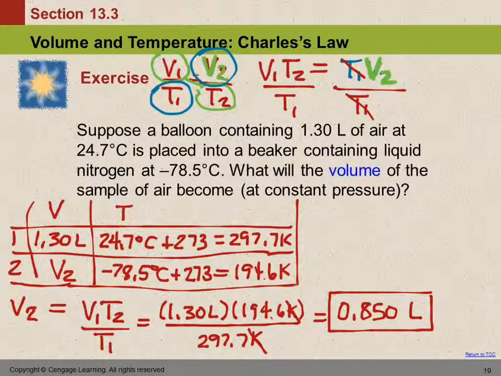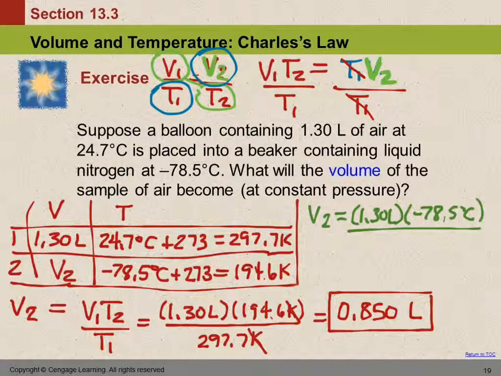Let's see what would happen if we did this with Celsius instead of Kelvin. So if we did that, we're going to have the same initial volume, and temperature 2 is minus 78.5. That negative sign is already a red flag. And then 24.7 degrees Celsius down there.